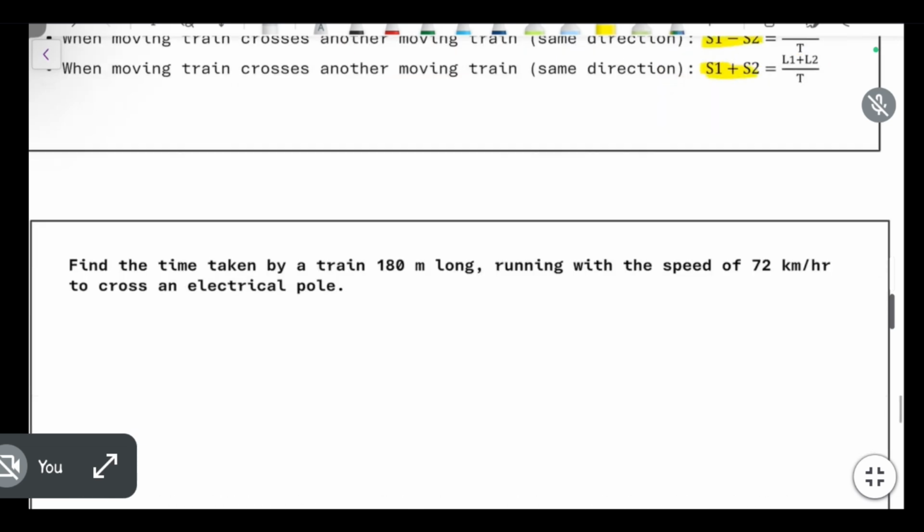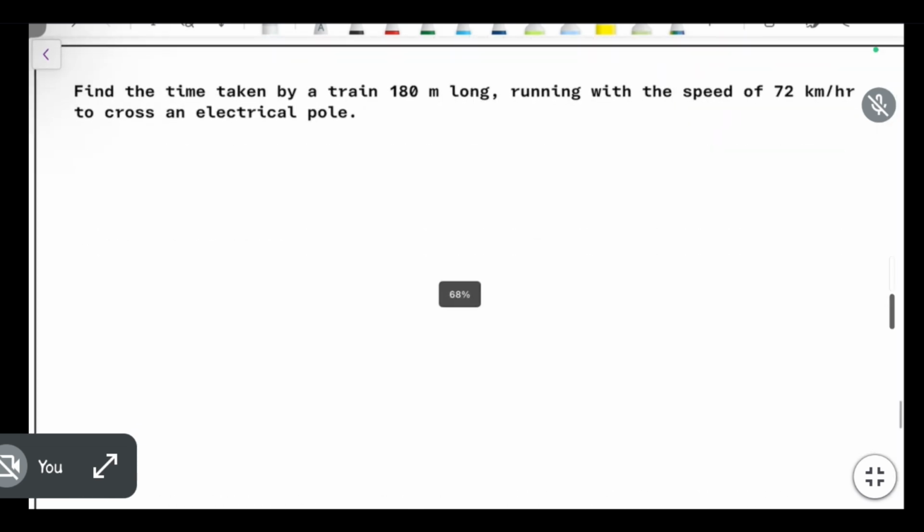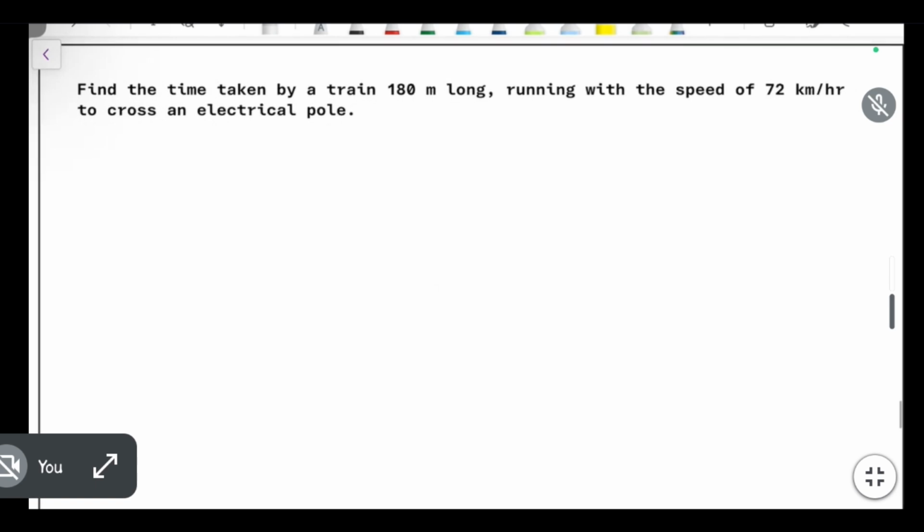So now with that in mind, let's start to solve some questions here. Find the time taken by a train of 180 meter long. That means the distance here is 180, because the distance is equal to the length of the train. It is running at a speed of 72 kilometer per hour.